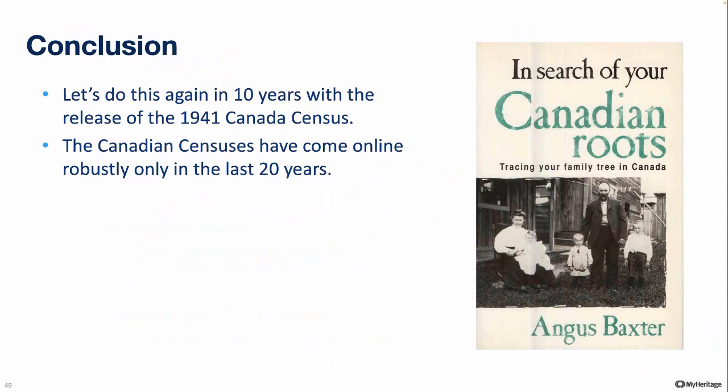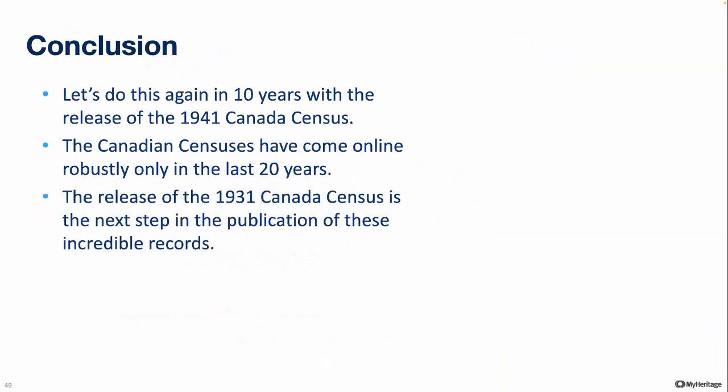And it's just a reminder to me that 20 years in what we do is not that long, and these resources are tremendously helpful for the work we do as genealogists and family historians. And finally, the release of the 1931 Canada Census is the next step in the publication of these incredible records.